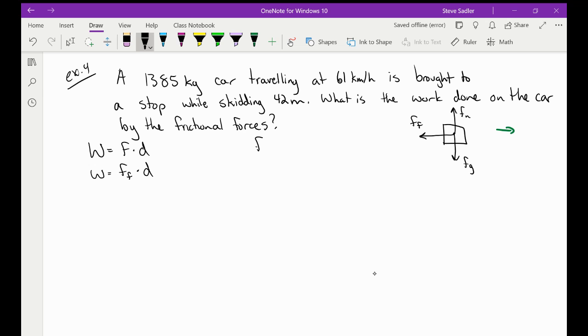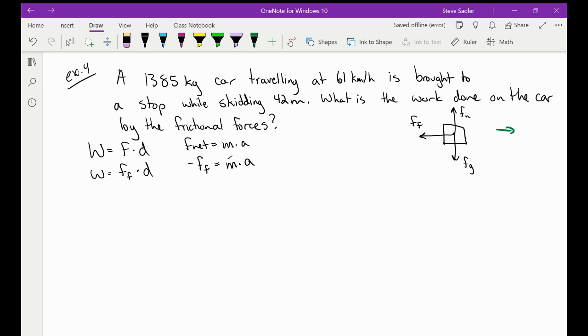We can use our F net. F net is equal to mass times acceleration, because we know that F net is going to be negative force of friction is equal to mass times acceleration. So we have mass, but we need to find acceleration in order to find force of friction.